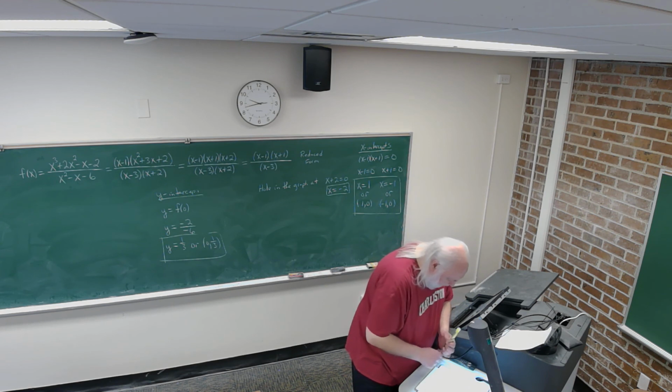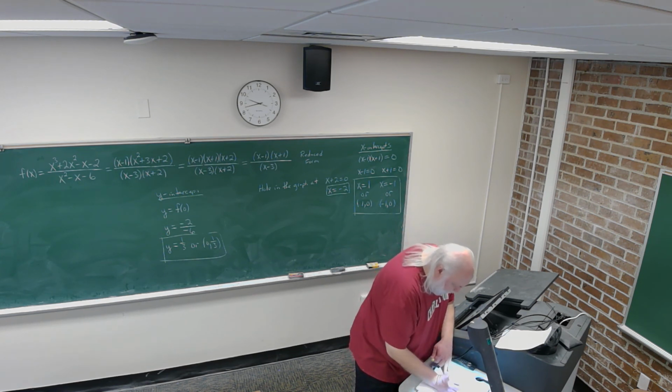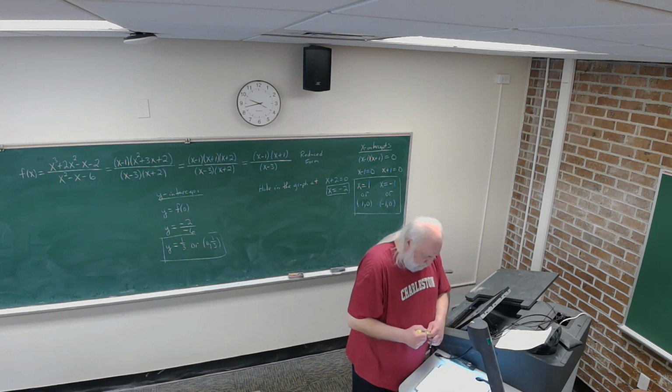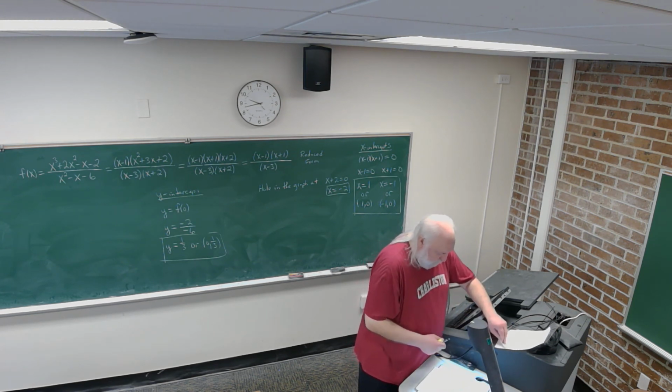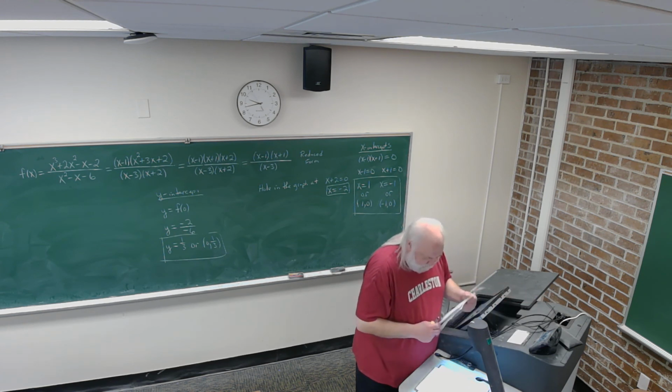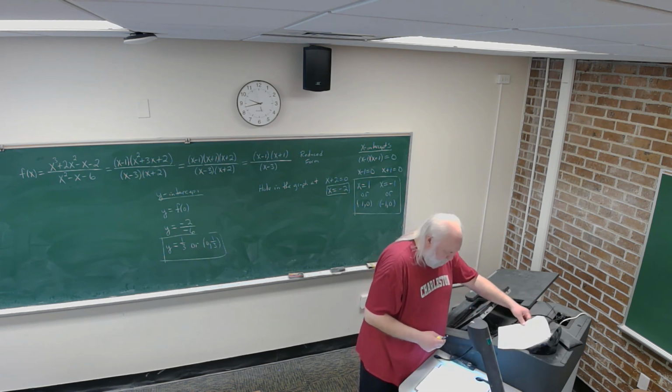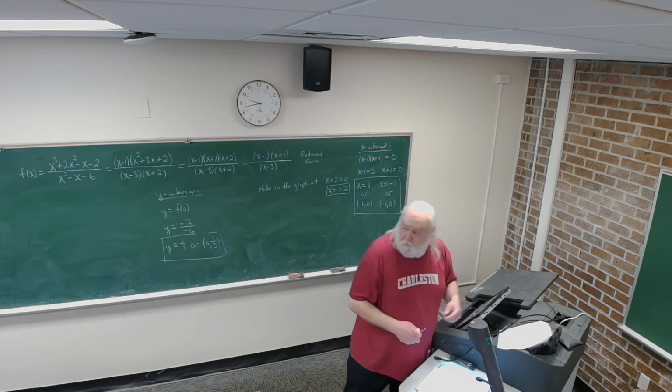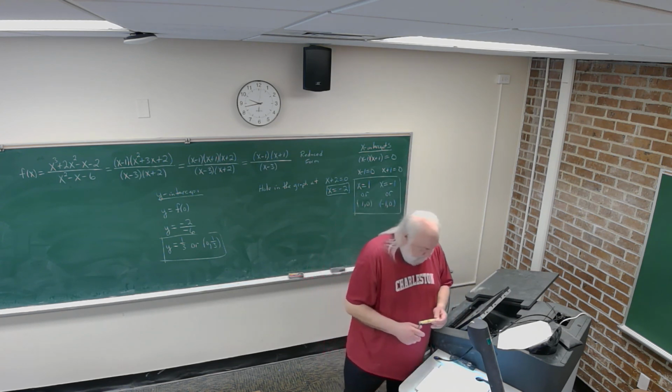And this part down here gives you the formal definition of a horizontal asymptote. We just demonstrated the definitions of vertical asymptote and horizontal asymptote with the example on the previous page.